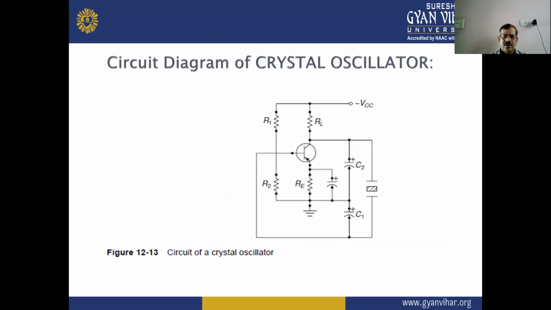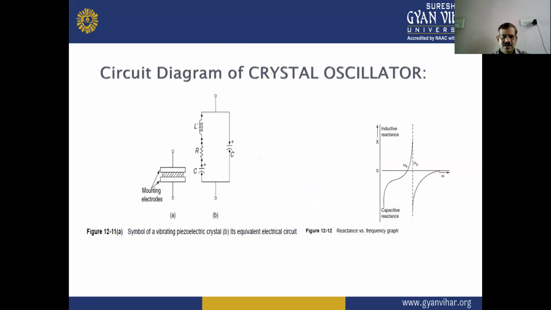This is the circuit diagram of the crystal oscillator, in which we have a crystal at the output side circuit, across the capacitors C1 and C2. The crystal is a quartz crystal.